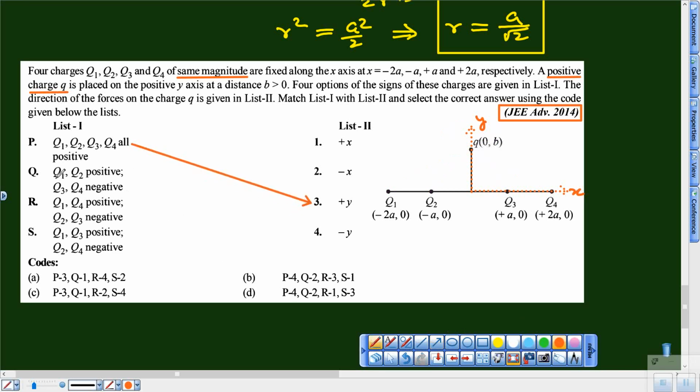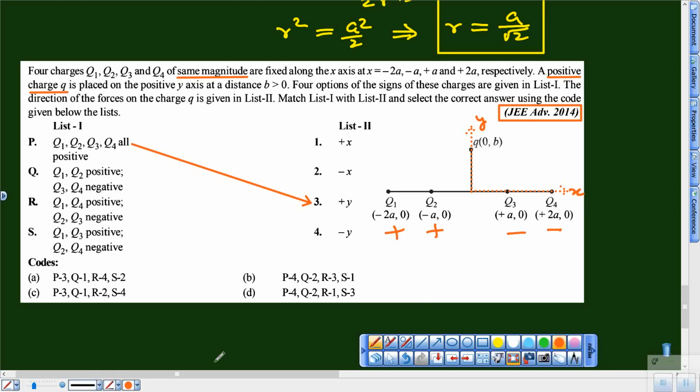If I go to the Q part, Q1, Q2 positive, Q3, Q4 negative. So Q1 and Q2 are positive. So this is positive, this is positive. No, this is positive, and these two are negative.